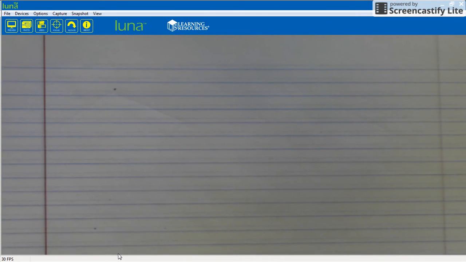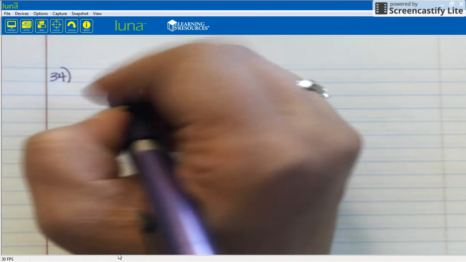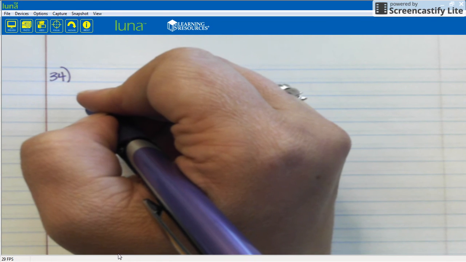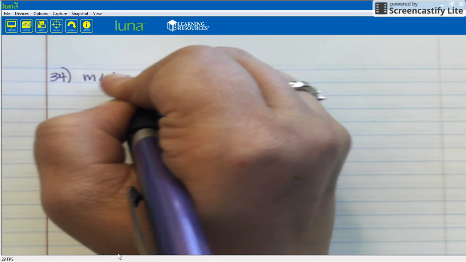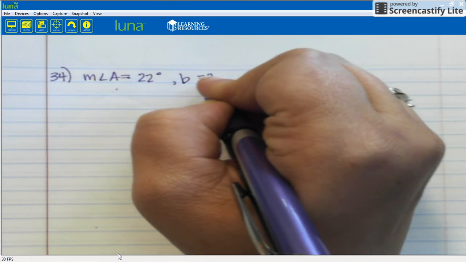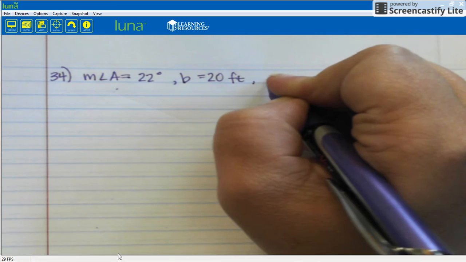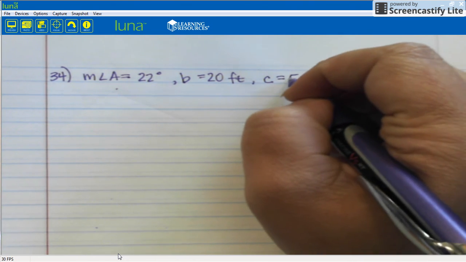If you jump down to number 34, this is where you use your area formula. So they tell us that the measure of angle A is 22 degrees, b is 20 feet, and c is 50 feet.